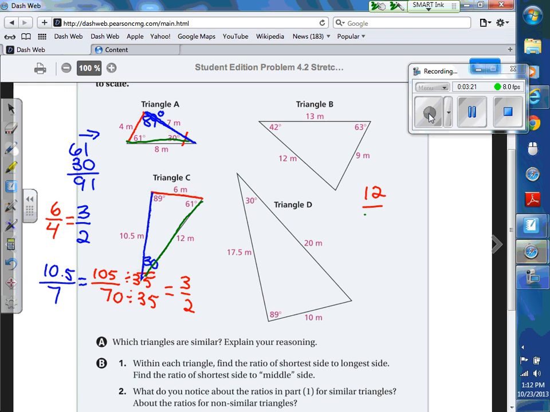So 12 to 8 should also reduce to 3 to 2, and it does because 4 goes into both of these. Does that make sense? The word corresponding means in the same relative position. To tell if two triangles are similar, we have to make sure that corresponding sides are proportional and the corresponding angles are congruent.